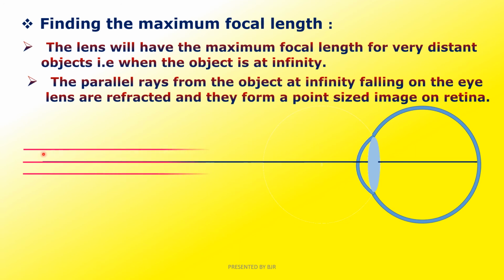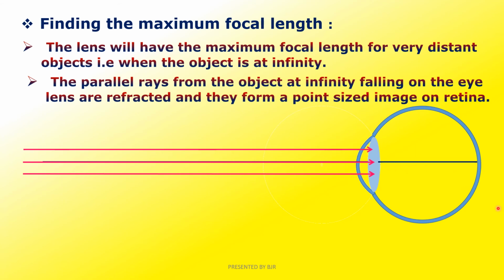See here, these are the parallel rays which are coming from the distant object, and these rays are falling on the lens here. And you know that when the rays are coming parallel to the principal axis, falling on the convex lens, they will converge at the focal point on the other side of the lens after refraction.